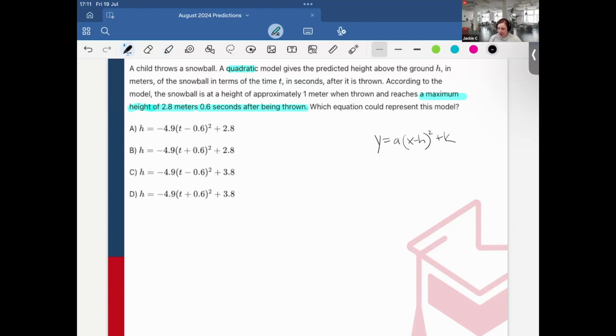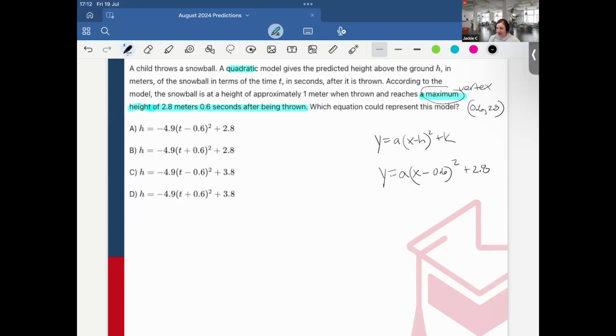So first, maximum or minimum always indicates the vertex. So I therefore know that the vertex of this quadratic would be (0.6, 2.8). So looking at the formula, this would have to be x minus 0.6 squared and then plus 2.8.